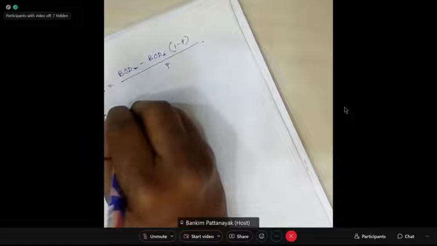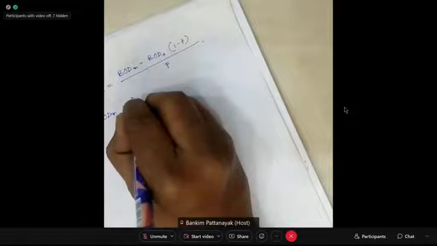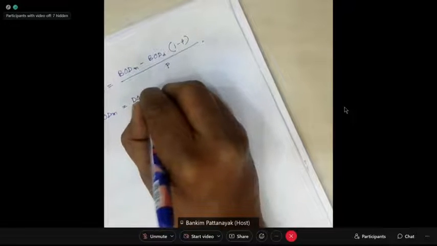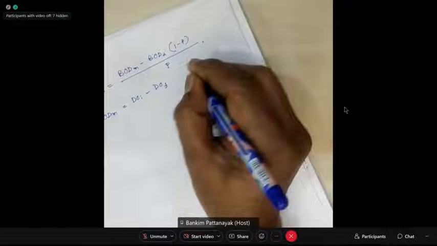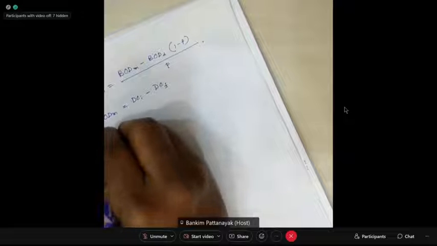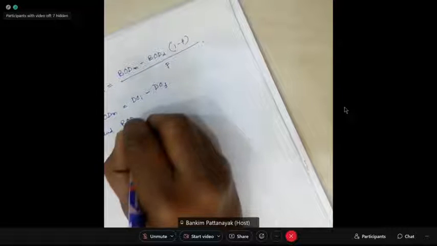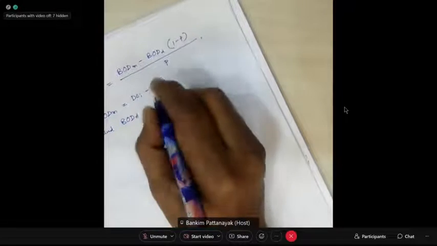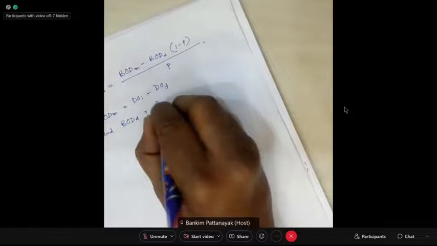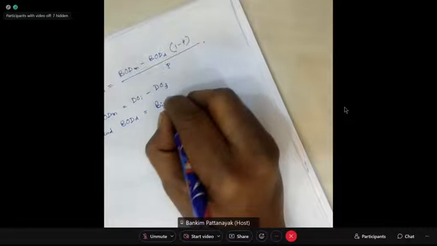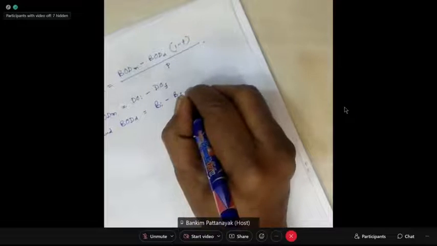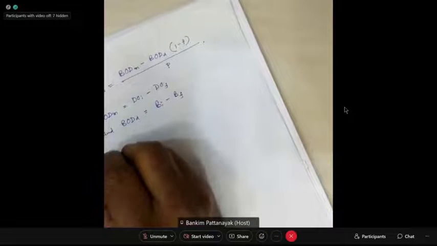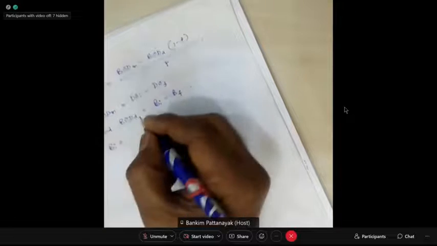BOD_M is nothing but dissolved oxygen initial minus dissolved oxygen final, and BOD_D is equal to B_I initial minus B_F final. B_I actually is the new term.